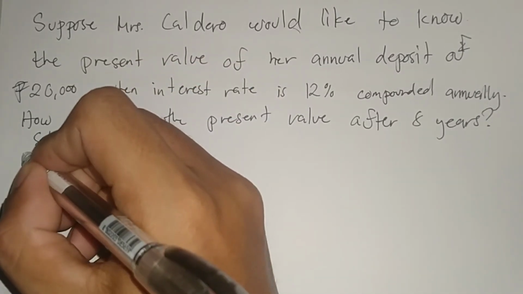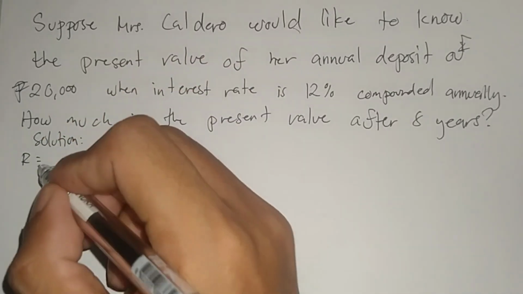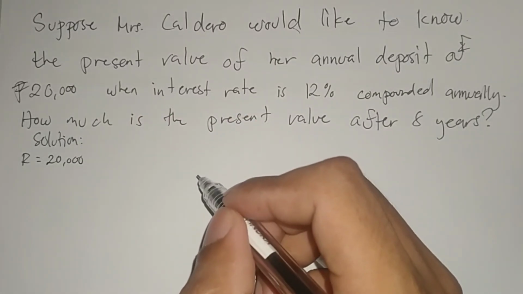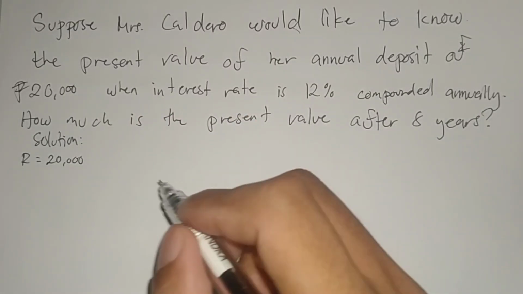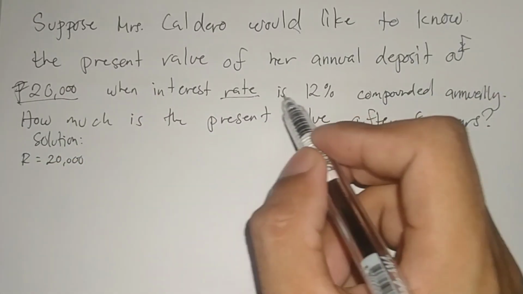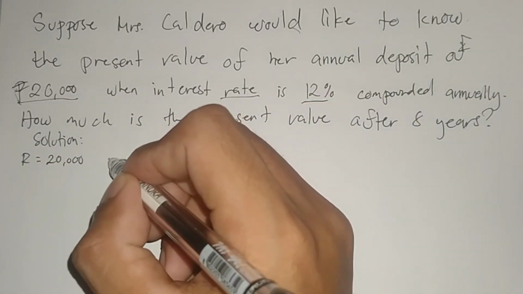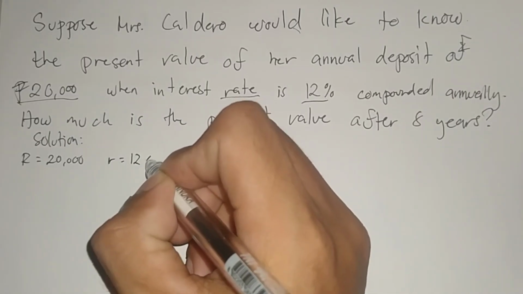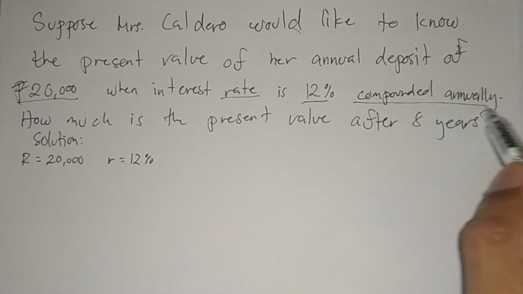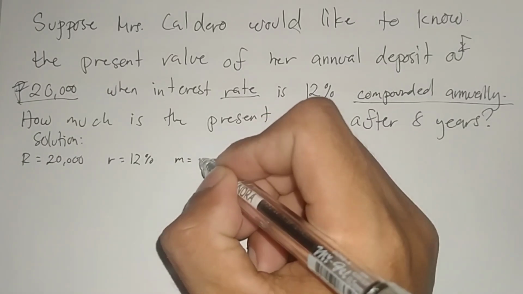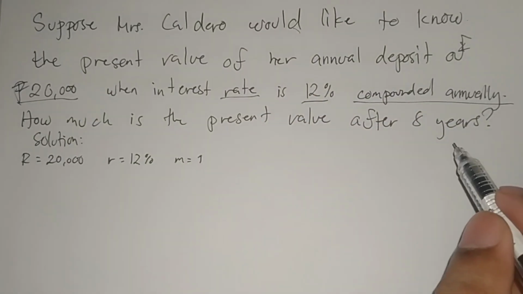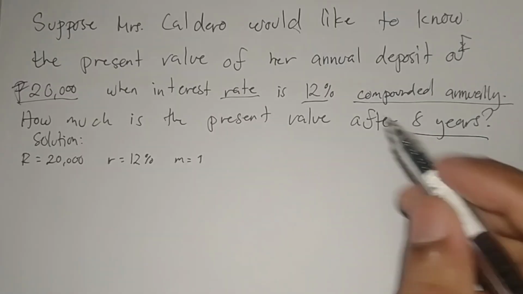So our big letter R is 20,000 pesos. And our rate is 12%. So small letter r is 12%. And our m, compounded annually, so m equals 1. And our time is 8 years.